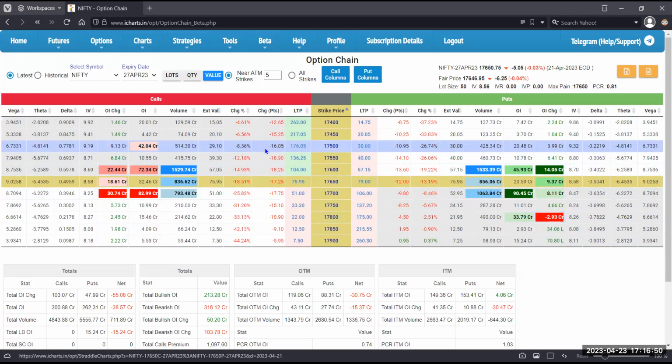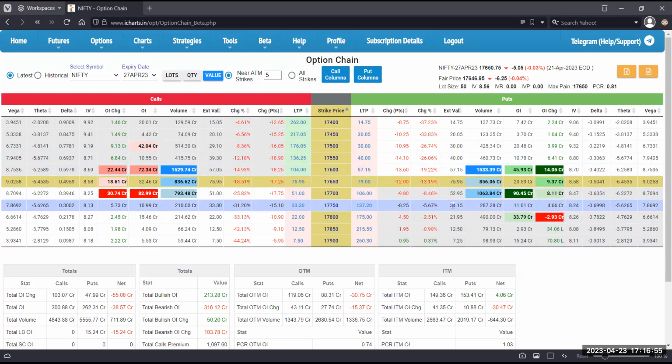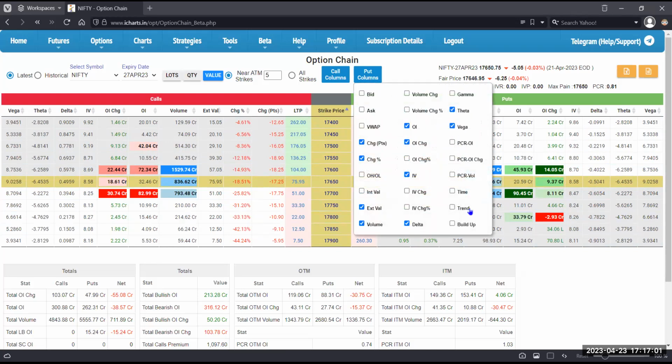Same for this side, this in the money and this in the money. So only this extrinsic value you can capture if you are short on an expiry day. So that is what this column is. And then there are a few extra columns here that apply to both sides: PCR of OI, PCR of OI change, and PCR of volume.